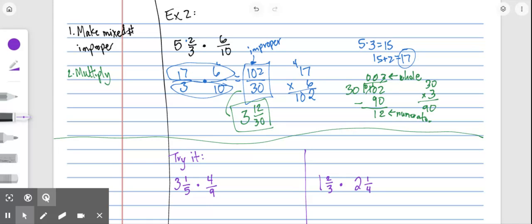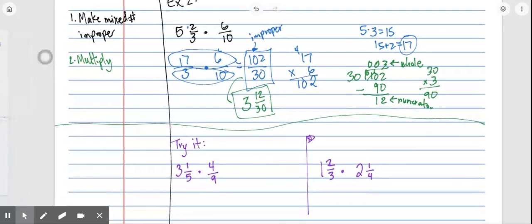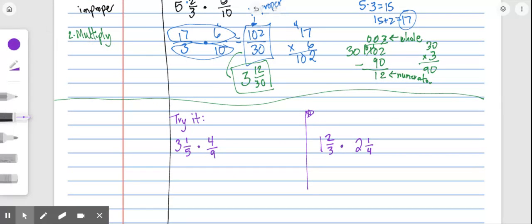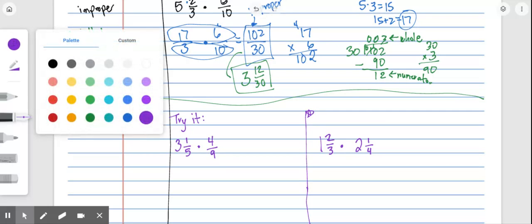And actually that 2/3 is kind of hard to tell that top number is a 2, so I'm going to rewrite it. 2/3. Okay, so pause this video, take a minute, try those two problems. The second one's going to take a little bit longer because you have two different mixed numbers. So you're going to have to pause it for a little bit longer to make sure that you change those both into improper fractions, okay? So you should be pausing that now.